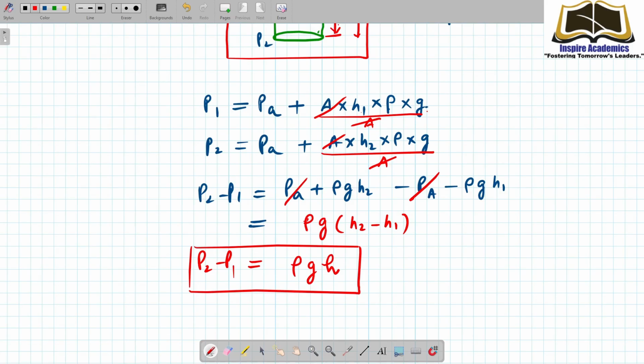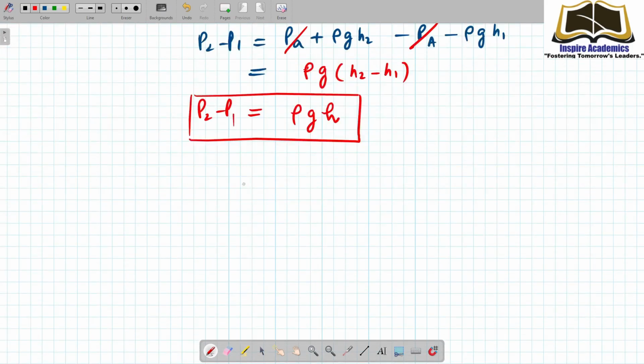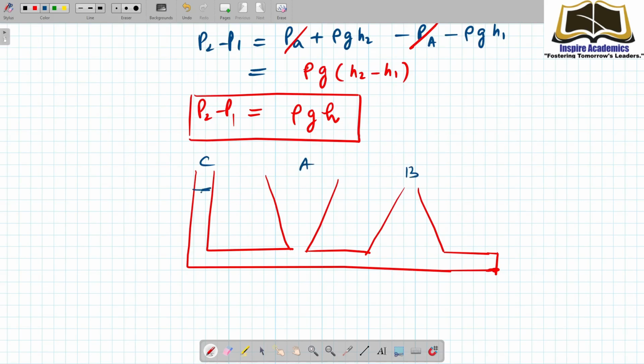Here one more thing I want to tell you. Regardless of shape, suppose you have got a shape like this, and then this is a closure. Now you put a liquid over here. Let's say this is C, A, B. I put a liquid up till here like this. This is the liquid column.